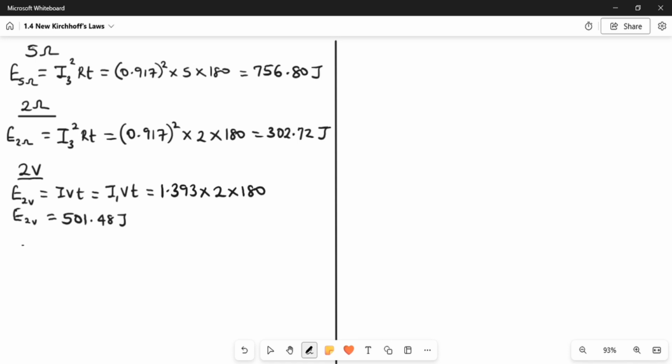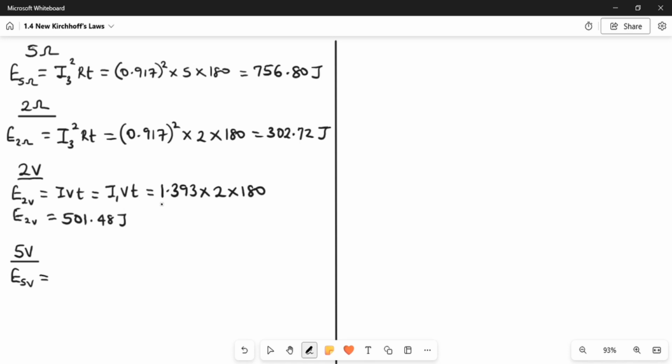For the 5-volt battery, we have that the energy is equal to, if we check the circuit diagram, the current passing through that 5-volt battery is I2.